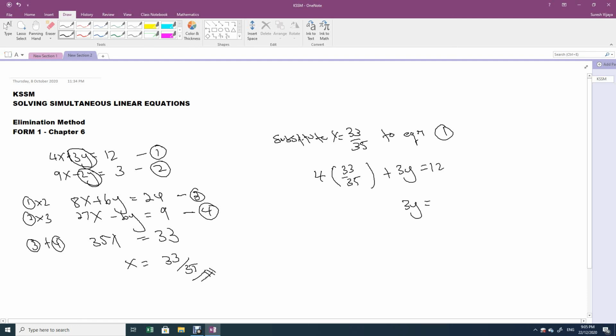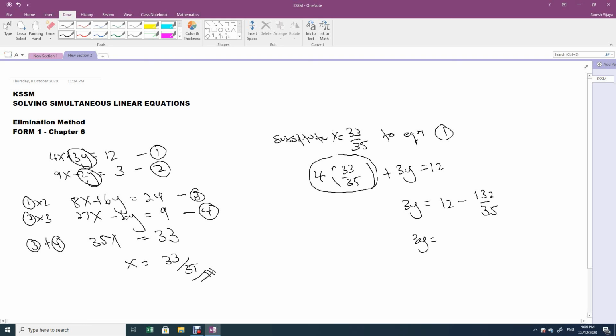So 3y will be equal to 12 minus 4 times 33, which is 132 over 35. You shift it over to the right-hand side, so from positive you become negative. Then you have 12 minus 132 over 35, and you will eventually have 288 over 35.